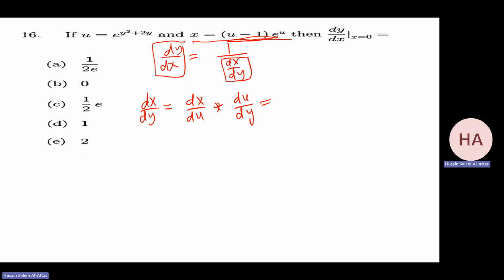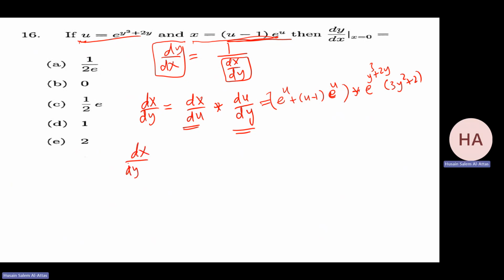So derivative of the first, which is e to the power u plus (u minus 1) e to the power u. This is this. Now what about this? Right away, no need to do any implicit differentiation, since I have u as a function of y. So that will be what? (y cubed plus 2y) times (3y squared plus 2).